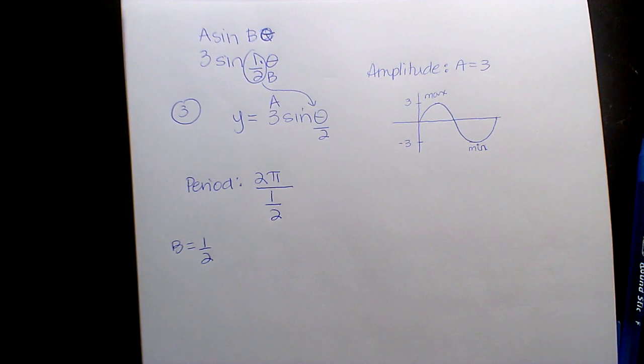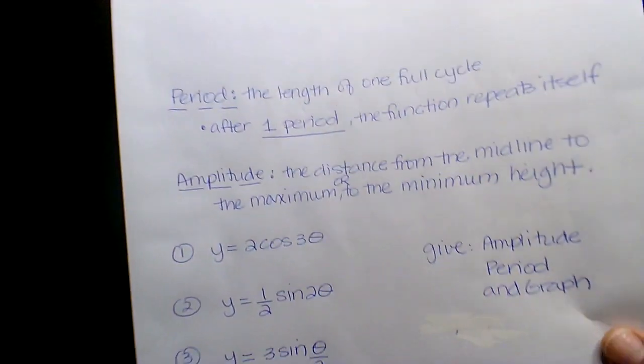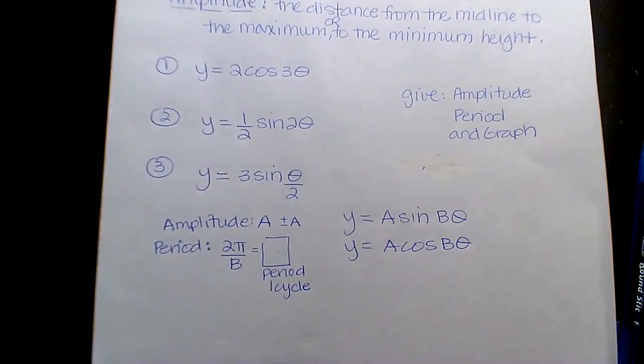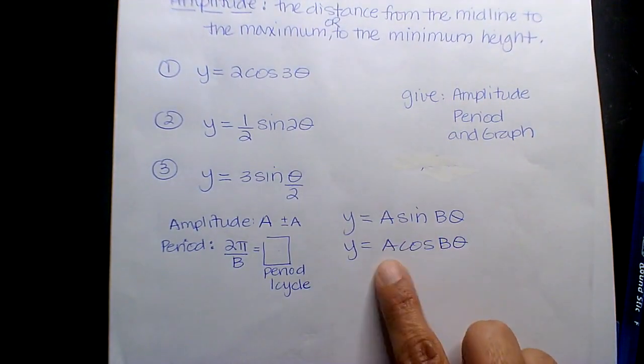Wait, where'd you get the 2 from? Like the 1 half? The b value. Theta over 2, which is equivalent to 1/2 theta. That's always 1/2. Okay, remember it's A and B, right?